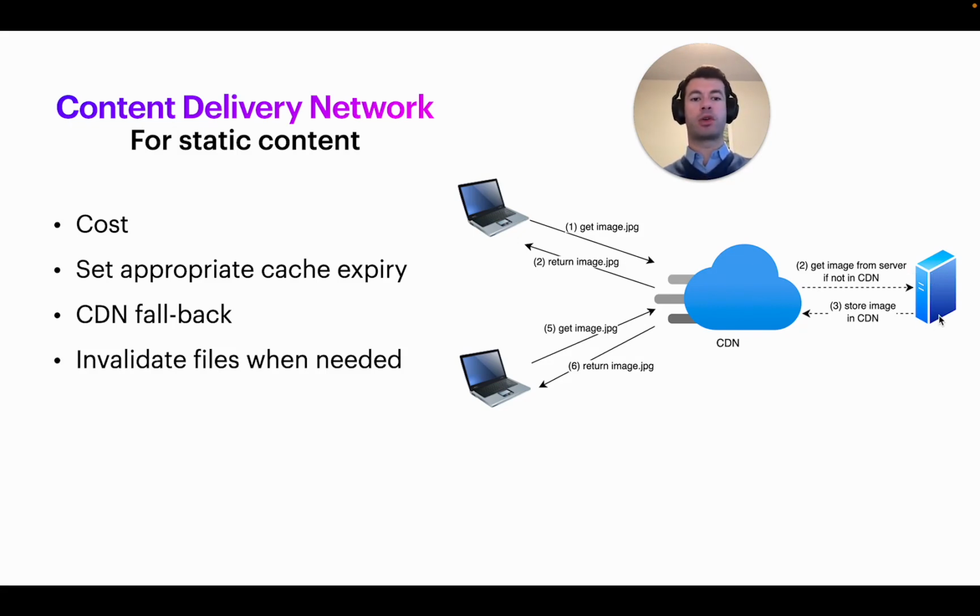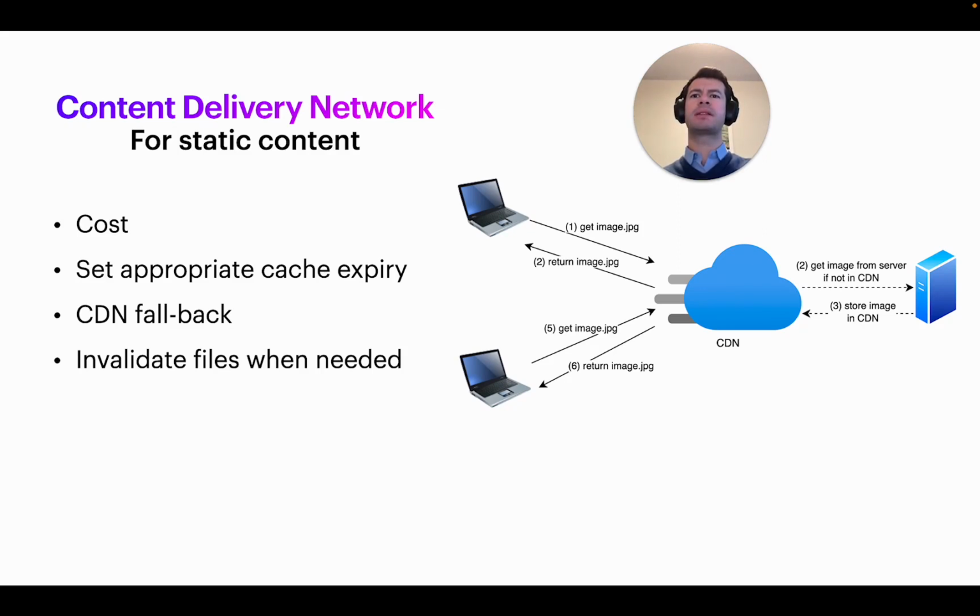The origin returns the image to the CDN, and we store the image in the CDN at that point, and then it returns the image back to the user. And when the second user here requests the same image, we can directly return it from the CDN.